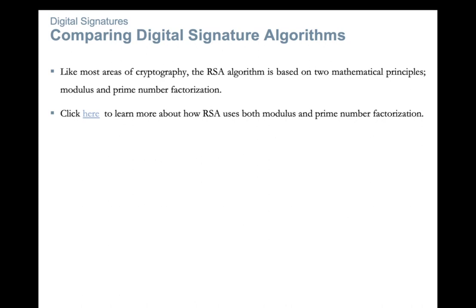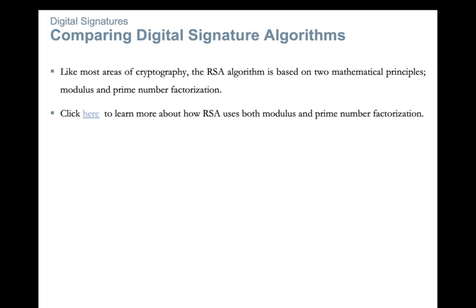You can click on this particular link to learn more about RSA, which uses both modulus and prime number factorization. Another separate video is there for this. I'm not going into details of the RSA, how the two keys are going to be generated. Please use this link to get more information.